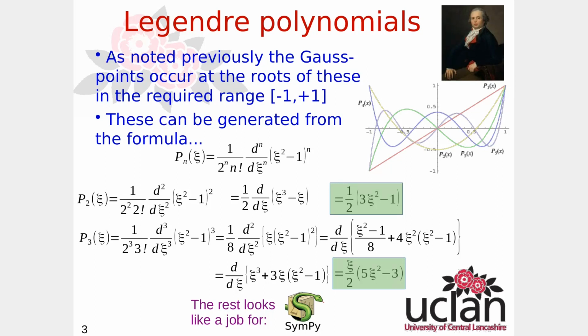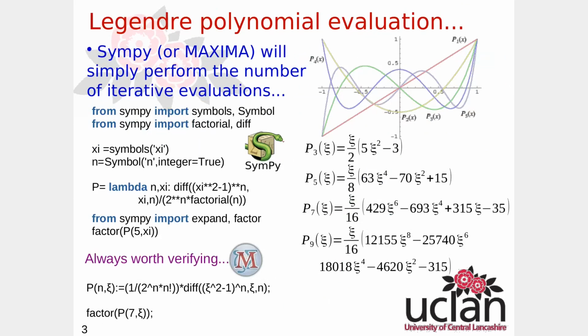The next one looks like a job for SymPy. If deemed necessary, then SymPy or indeed Maxima can be used to generate the iterative evaluations of the Legendre polynomials. So here we've set up from SymPy, we've asked for symbols and a capital S Symbol, and this is so we can declare n to be an integer.